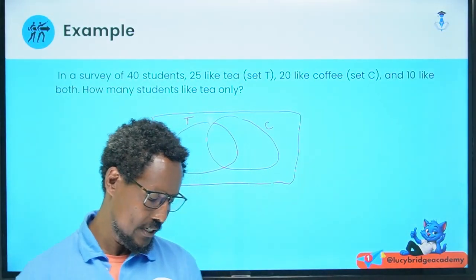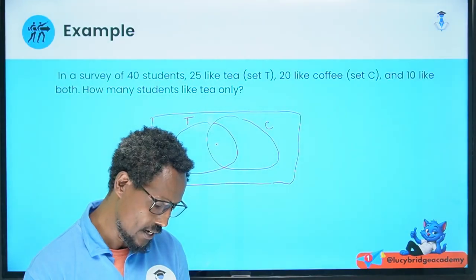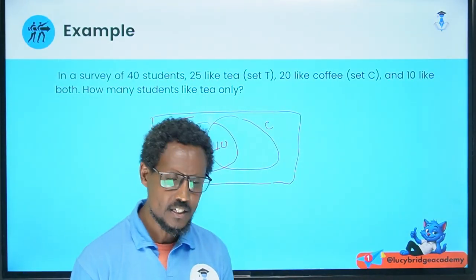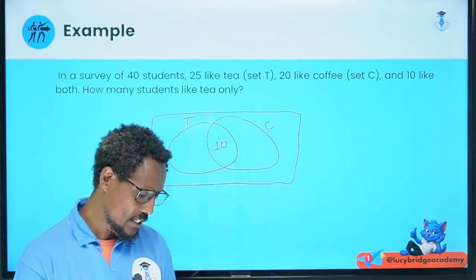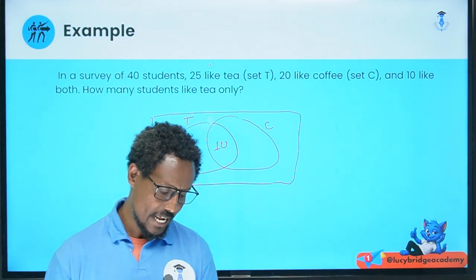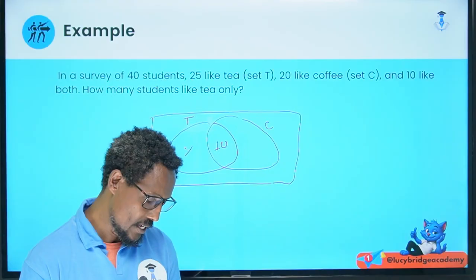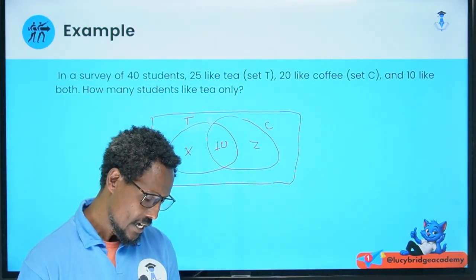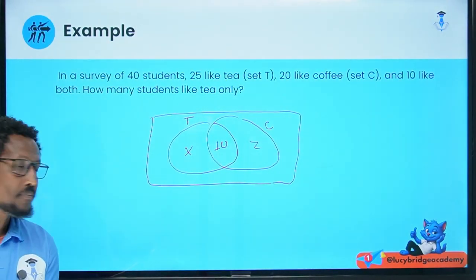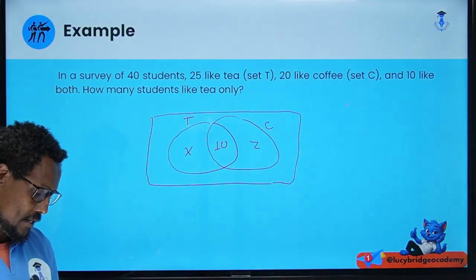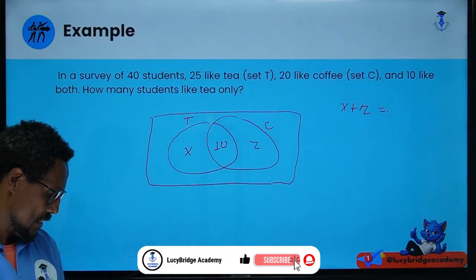10 students like both. That means T intersection C means 10. There are 10 students who like both tea and coffee, right? Look, but 25 students like what? Like T. That means here we have X and here is Z, right? X plus Z gives us what? 25.